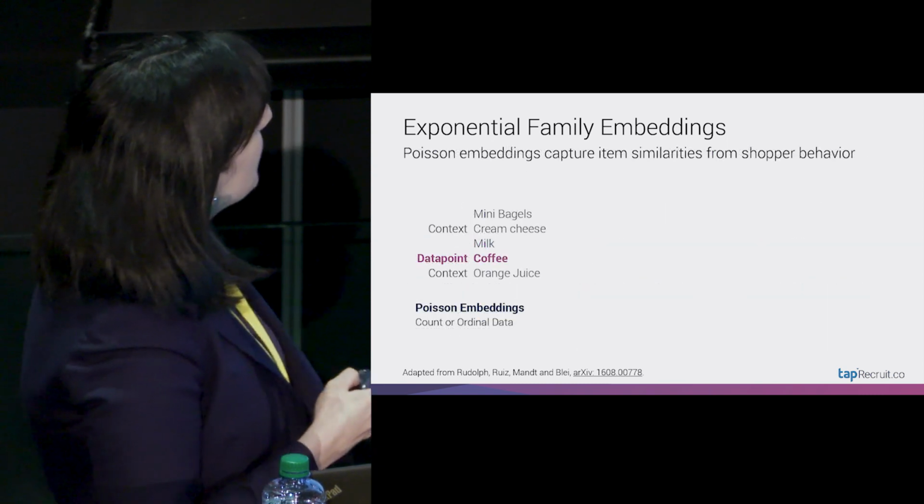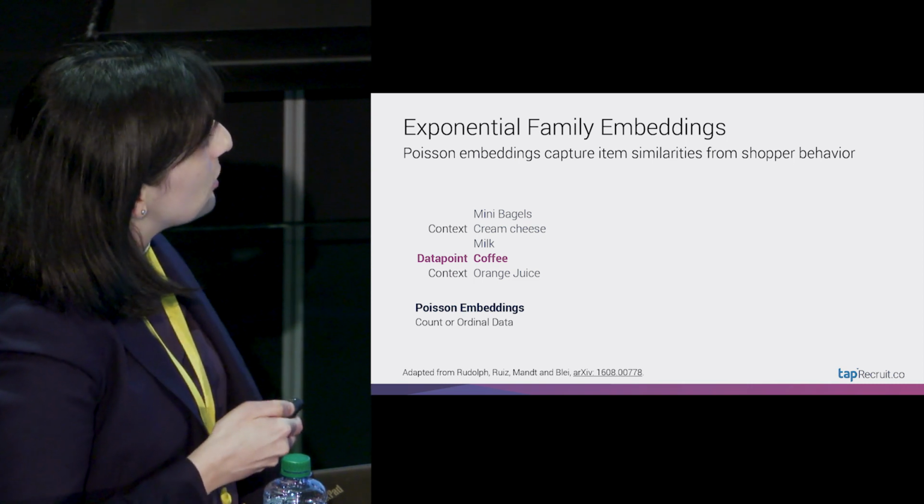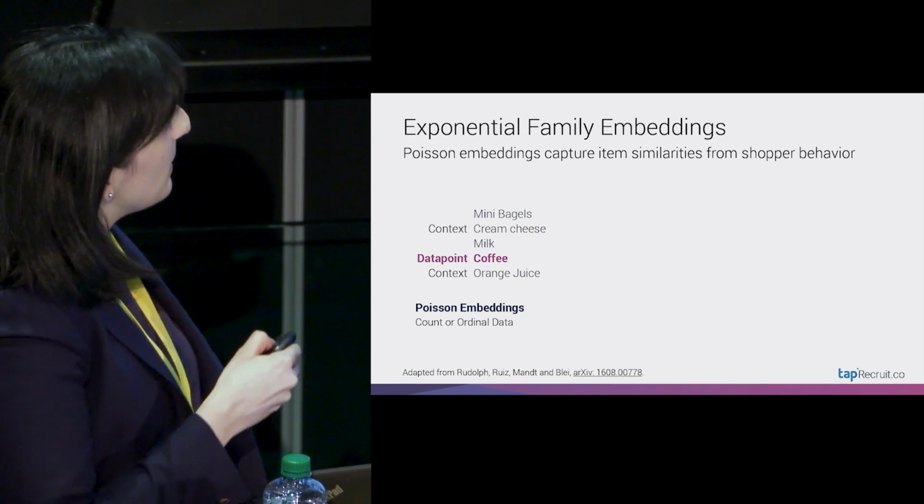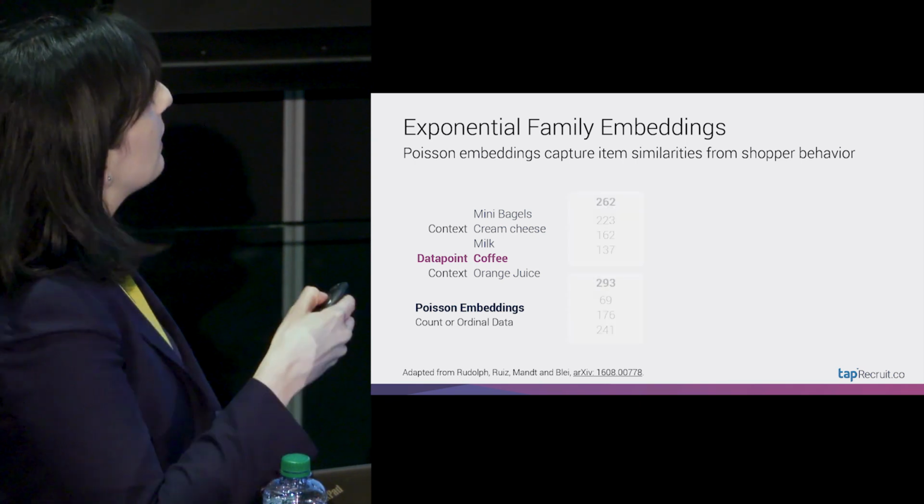What I think is really interesting about Poisson embeddings, as I mentioned earlier, is that in the word embedding space you think, of course, coffee goes close with orange juice.